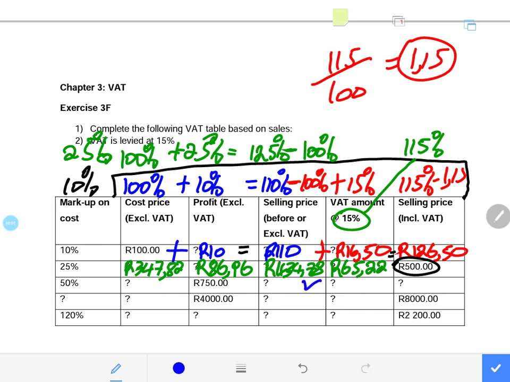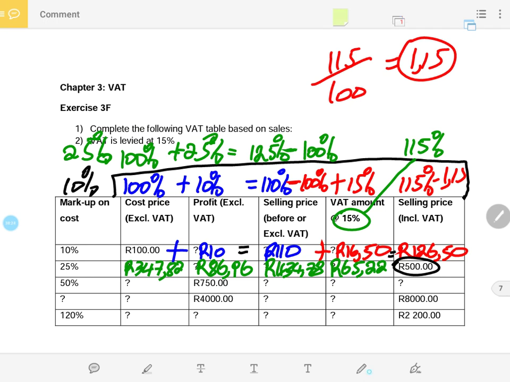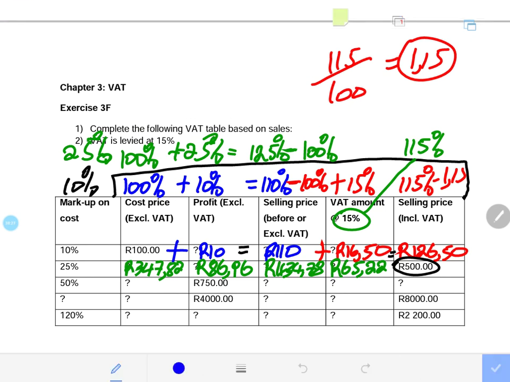We have 750, and 750 is 50%. Remember, we add markup on cost. Remember, this 10 rand was 10% and is still 10%. I just forgot to write it, but it was 10% in the first scenario. In this scenario, our markup is at 50%.